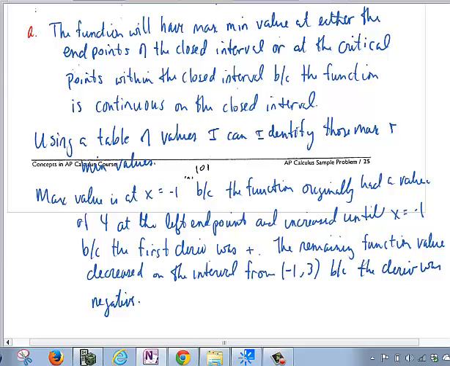So because of this, you know that the maximum value was at x equals -1.